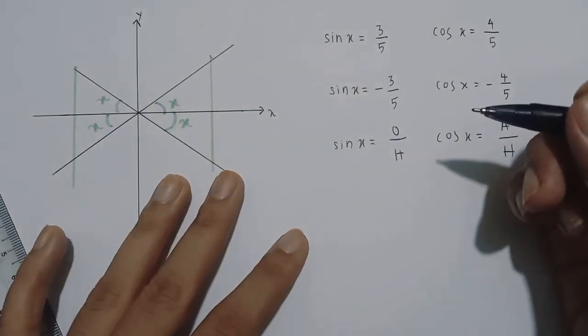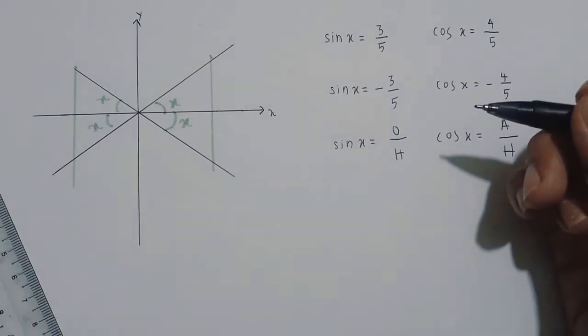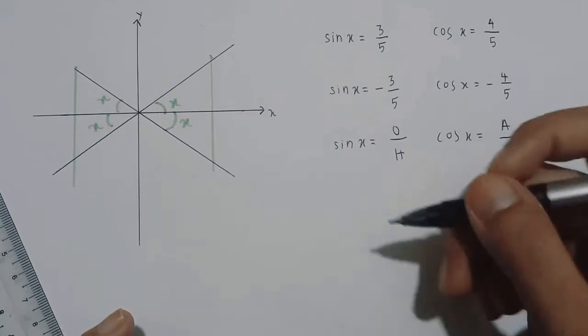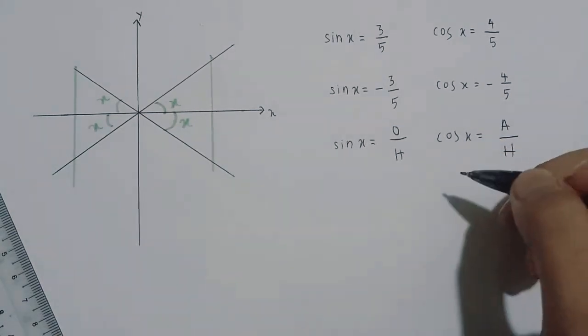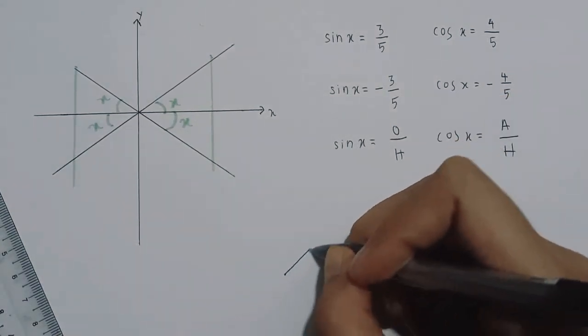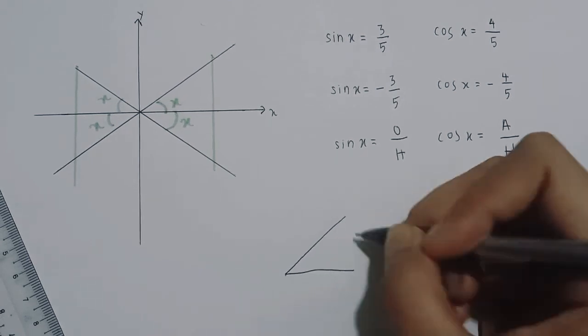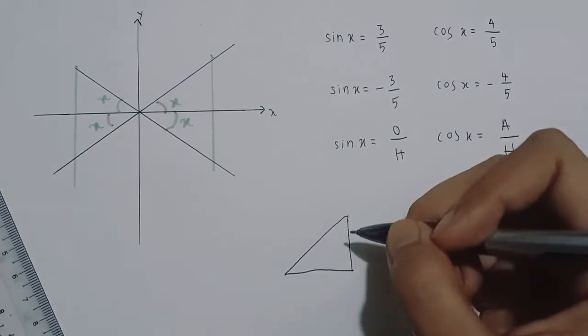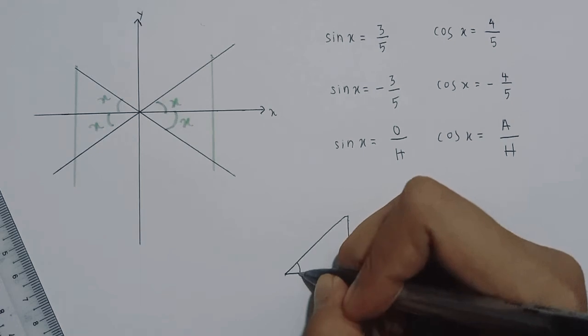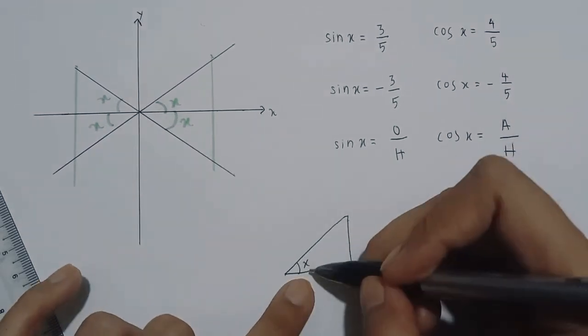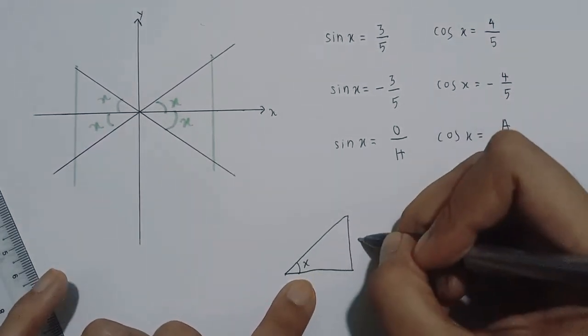So here, before that, I want to share about the opposite, hypotenuse and adjacent. Opposite means berlawanan, right? So we can see from the triangle here. If x is here, the opposite is berlawanan, so O is here.